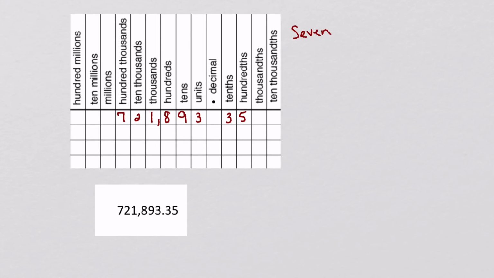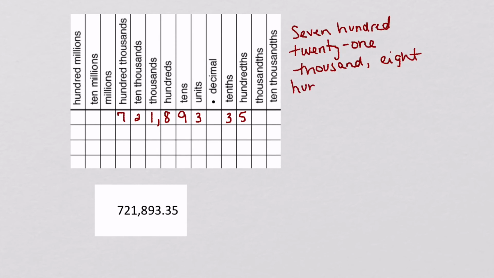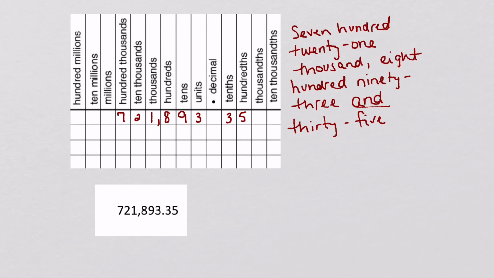So 721,000, comma, 893, and that's where our decimal place is, 35/100ths. There you go, 721,893 and 35/100ths.